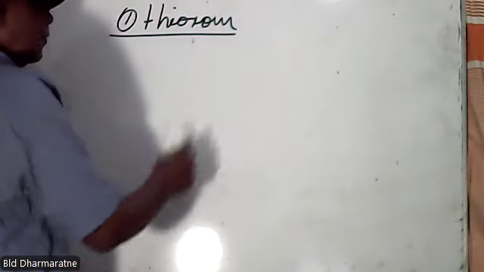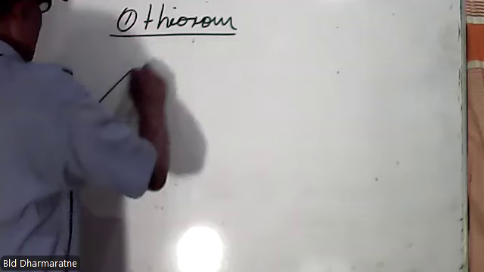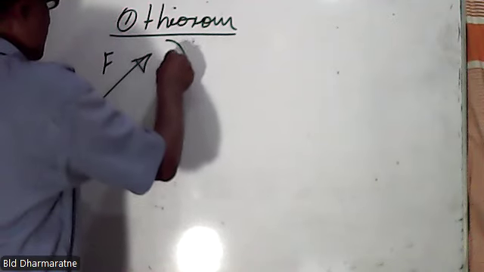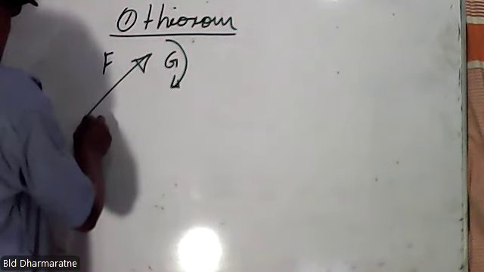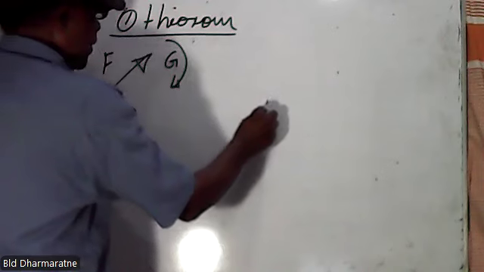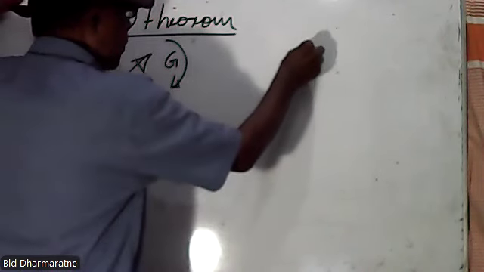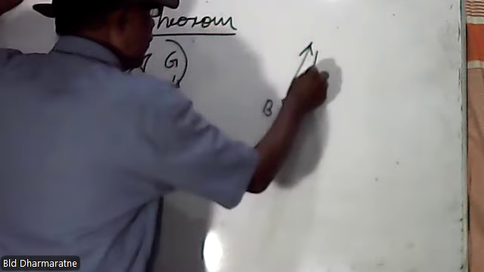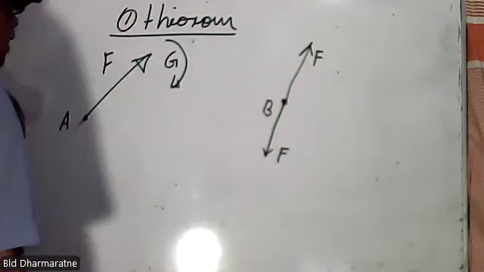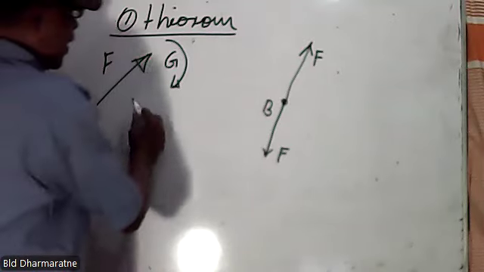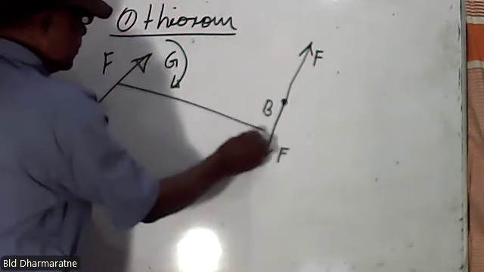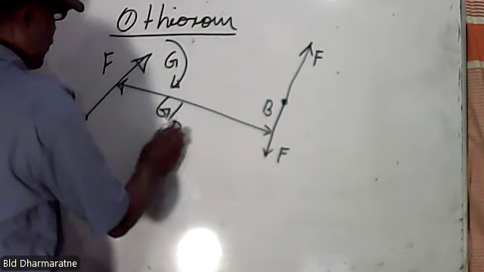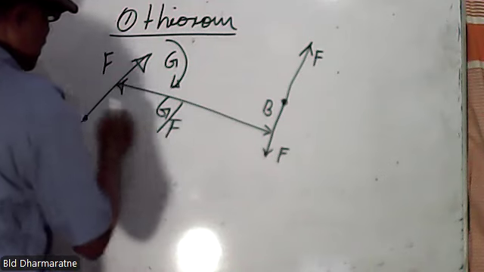We illustrate it like this: force F here, couple G here. This is point A, and this is the force at A. Now at point B, construct another force, opposite in direction and of the same magnitude F, so we have F and F. The perpendicular distance should be selected as G over F. This is very, very important.